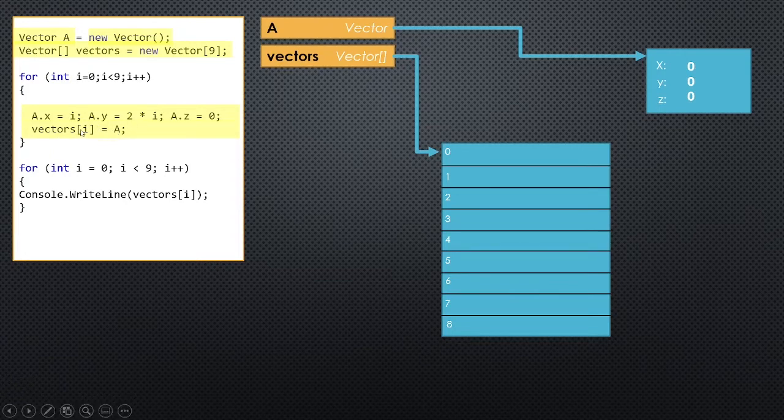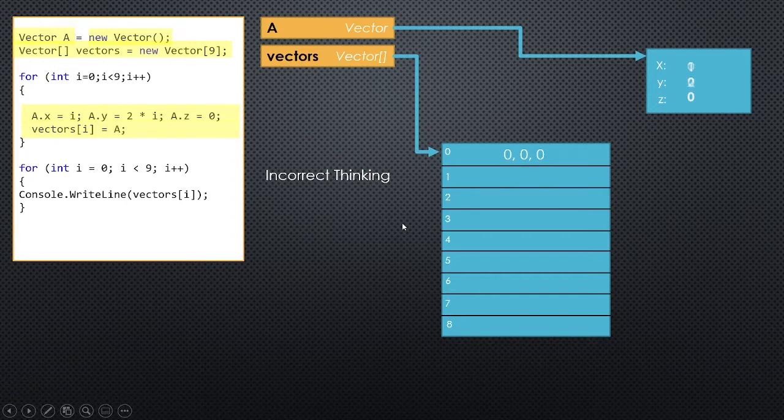If I said vectors[i] equals i, I would expect the 0 element to take on the value 0, the 1 element to take on the value 1, etc. So in this case, I expect that this gets a copy of 0, 0, 0, and this is where our incorrect thinking begins. I'm walking us through our experience with arrays of integers or other base types, and how we think it should behave.